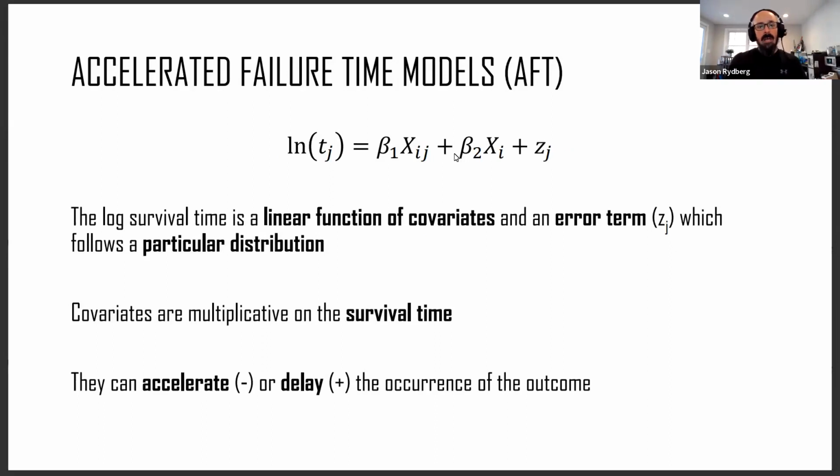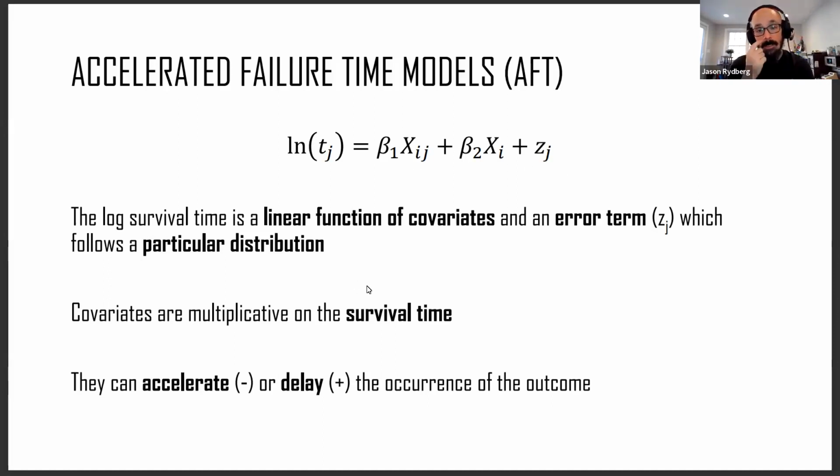With accelerated failure time models, notice that we are directly modeling the log survival time. All right, and so we say that the log survival time is a linear function of different covariates. They can be time varying. They can be categorical, they can be numeric, and some error term, which again, the errors are going to follow some particular distribution.